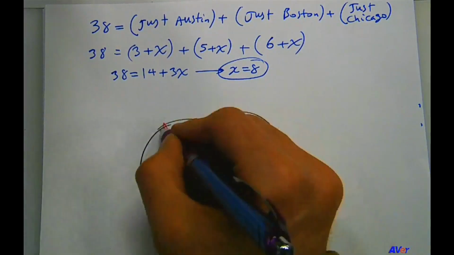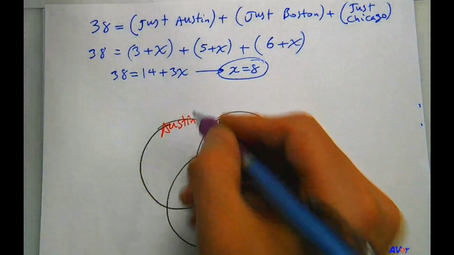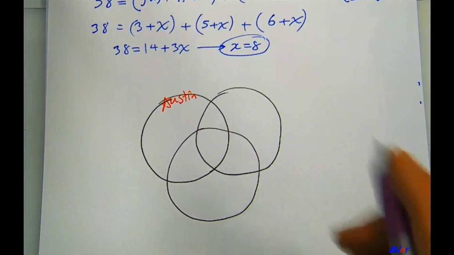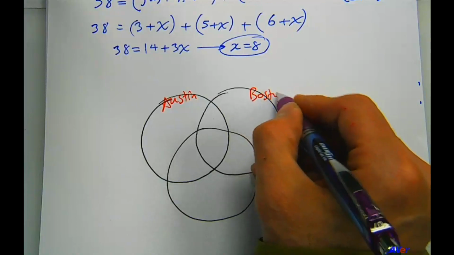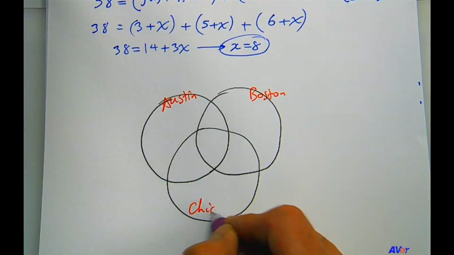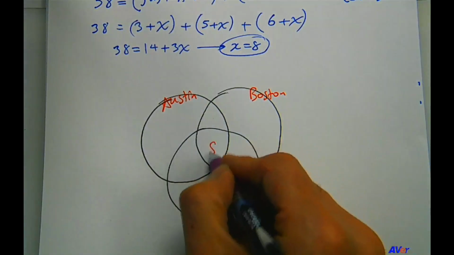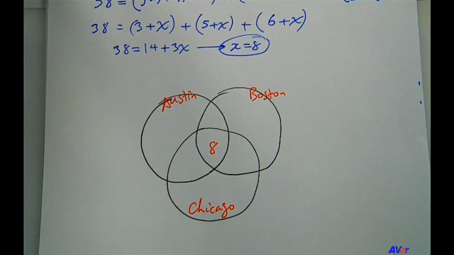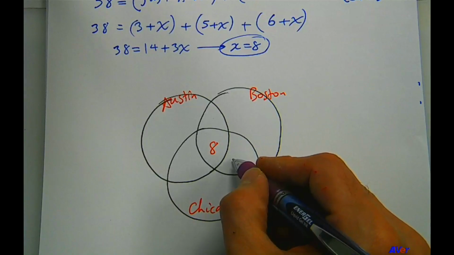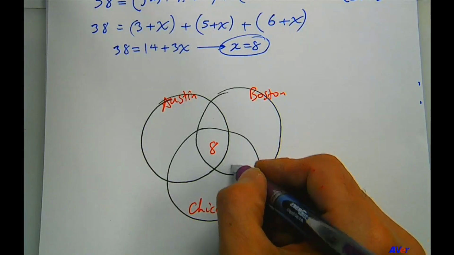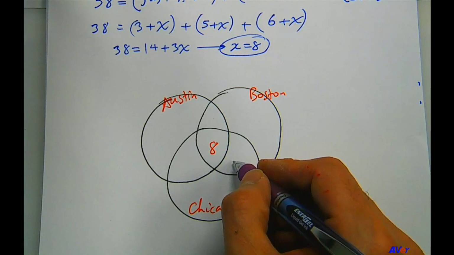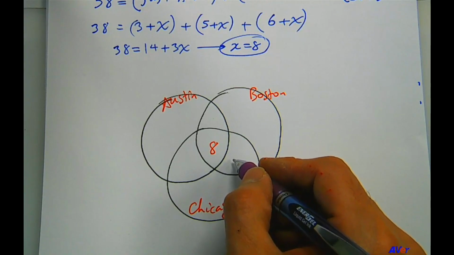And we said this was Austin, and this is Boston, and this was Chicago. So I'm just going to say, so that's 8. You can't see it, but you should have it in your notes or on the previous slide if you rewind the video.